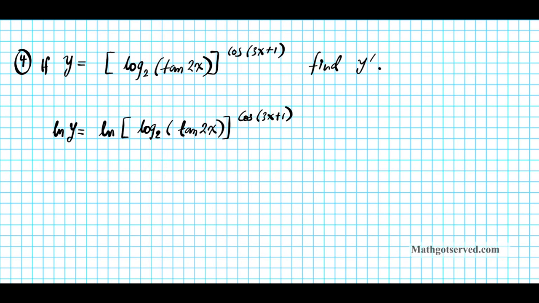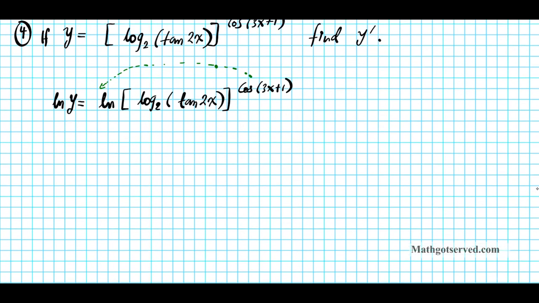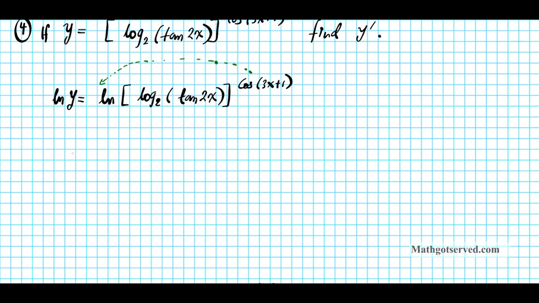Using the properties of logarithm, we know that we can power down this exponent. So we are going to have the natural logarithm of y equals cosine 3x plus 1 times the natural logarithm of log base 2 of tan 2x.